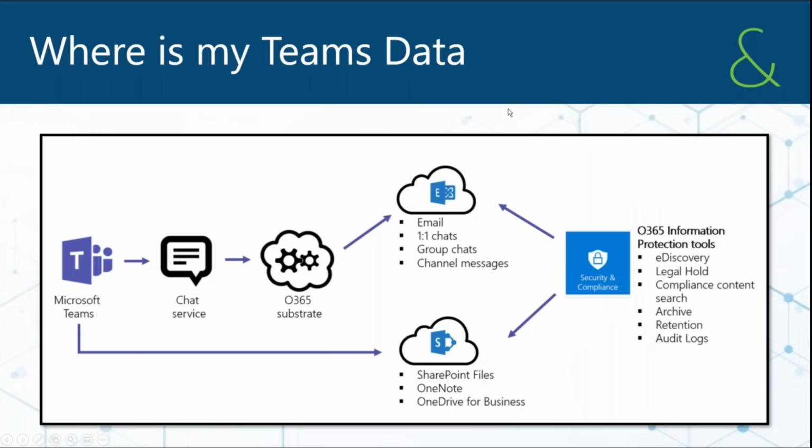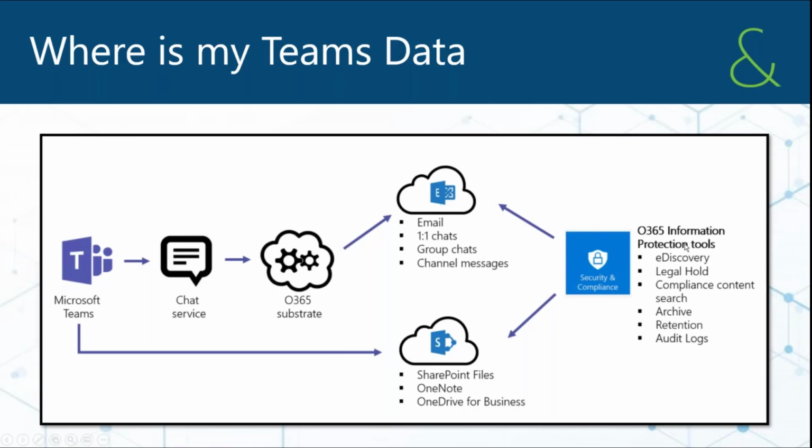I think what's really important is to understand where your data is in Teams. And what's ironic is that none of it is in Teams. It's all stored somewhere else. Chats end up in Exchange. Files are stored in SharePoint or in OneDrive. So if you're sharing a file in a chat, the file gets stored in OneDrive and the chat gets stored in Exchange.